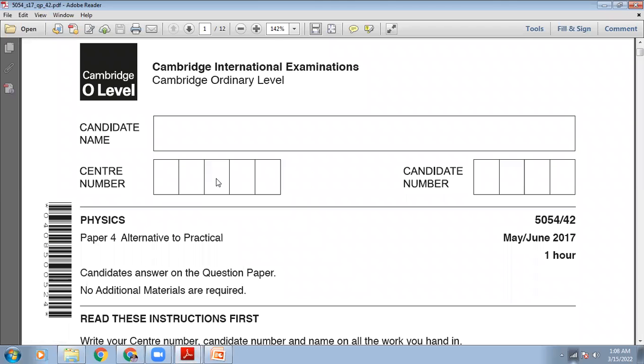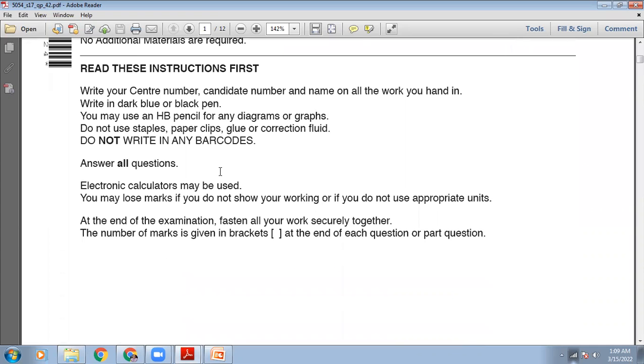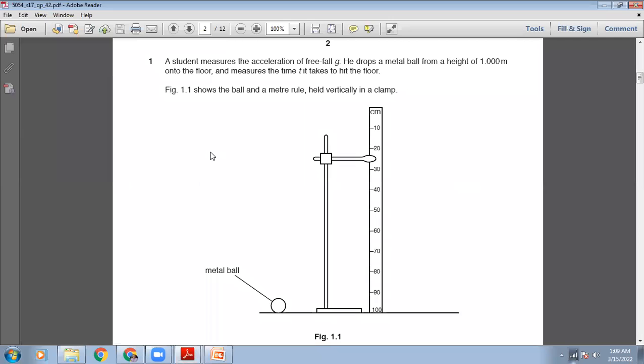So May-June 2017, 4-2 paper, 1 hour is allowed, paper 4 we call it. The first question is coming up on your screen. A student measures the acceleration of free fall g. He drops a metal ball from a height of 1.000 meter onto the floor and measures the time t it takes to hit the floor.